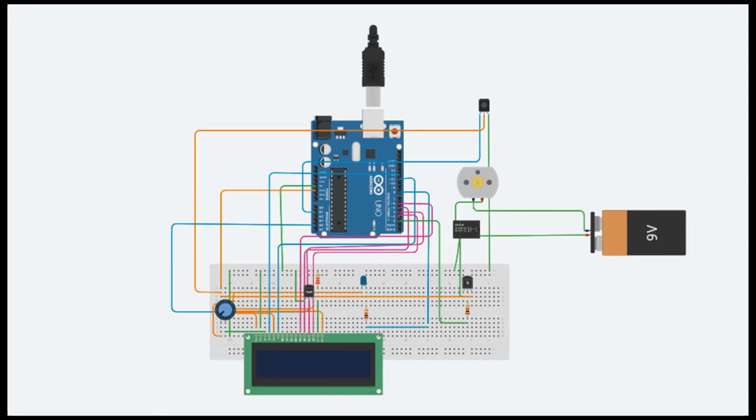First, I will explain about the IR sensor. The IR sensor has 3 pins, which are power, ground, and signal. Power refers to the green wire, ground refers to the orange wire, and signal we can refer to the blue wire.